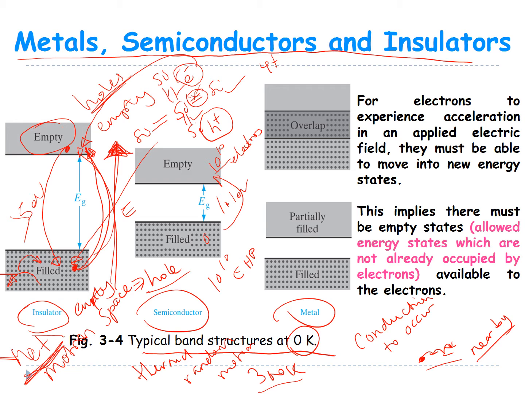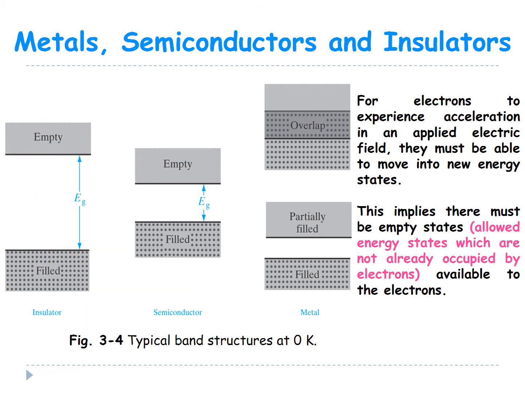So this is basically the difference between an insulator and a semiconductor. At 0 kelvins, they are the same. No conduction. They behave exactly the same. But when you increase the temperature a little bit, okay, so at 0 kelvins, insulators and semiconductors are basically the same.